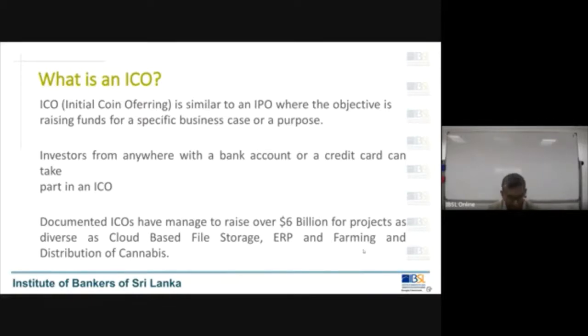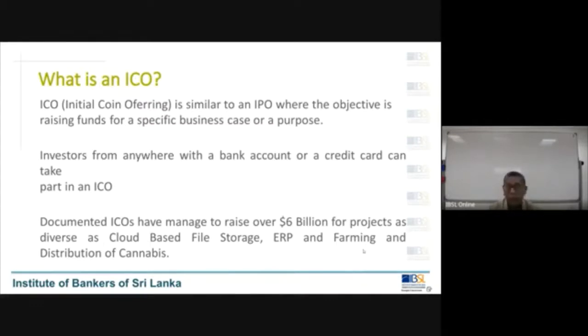Now, IPO is the initial public offering, the process by which a private company can go public by the sale of its stocks and shares. Likewise, the ICO is similar.